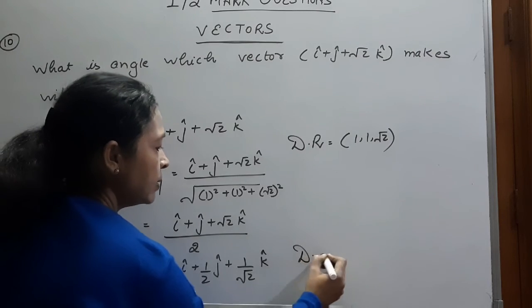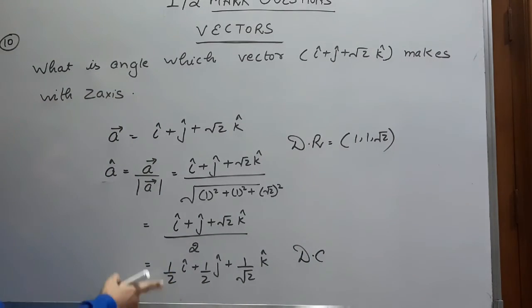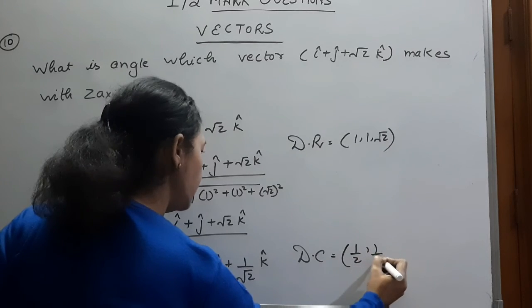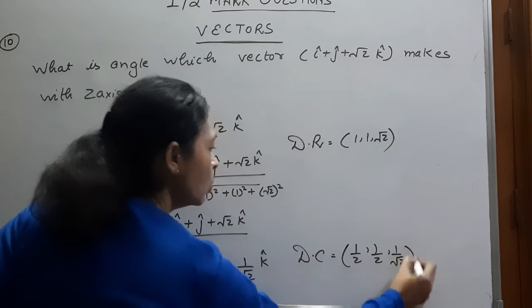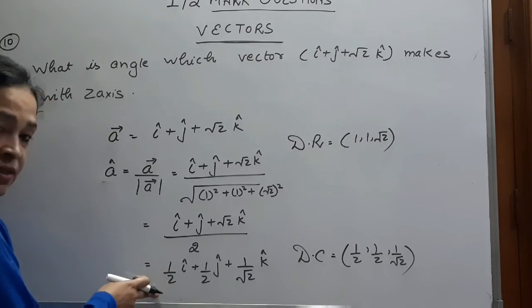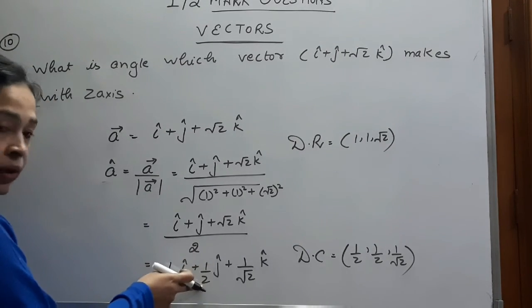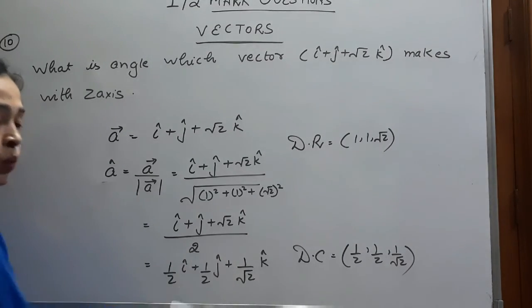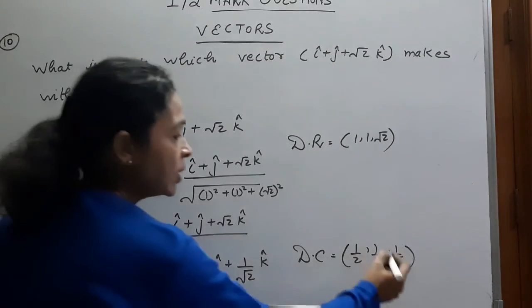Now, these are the direction cosines. The components are 1 by 2, 1 by 2 and 1 by root 2. We have to find the angle which the vector makes with the z-axis. The direction cosine with the x-axis is 1 by 2, with the y-axis is 1 by 2, and with the z-axis is 1 by root 2.